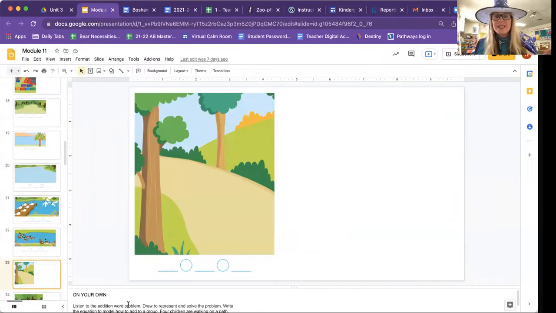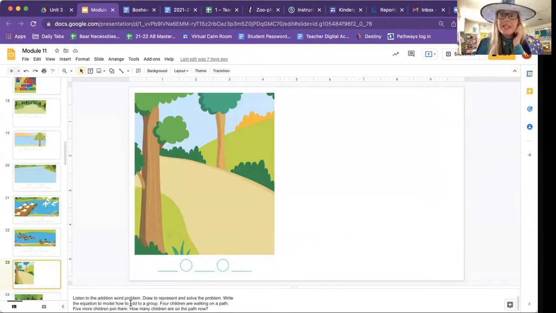All right, this is an on your own. Listen to the addition word problem, draw to represent, and solve the problem. Write the equation to model how to add to a group. 4 ding, ding, ding, ding, children are walking on a path. 5 more children join them.